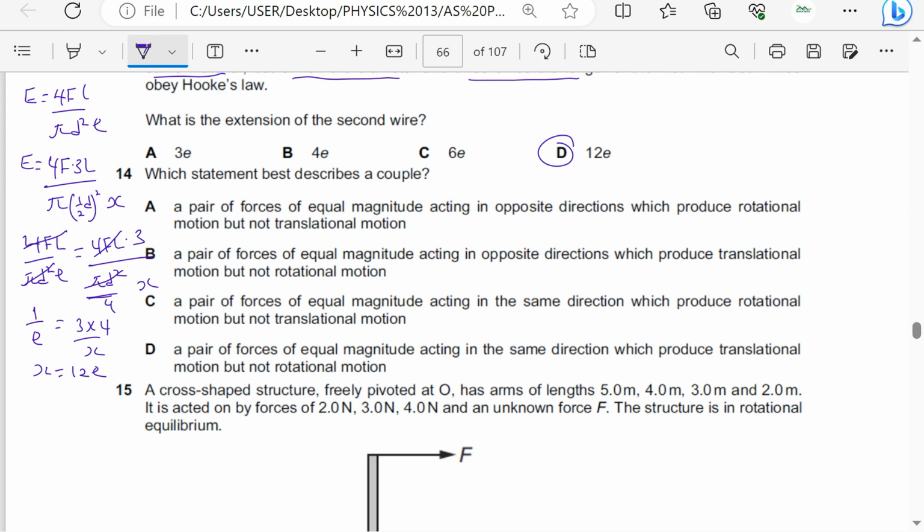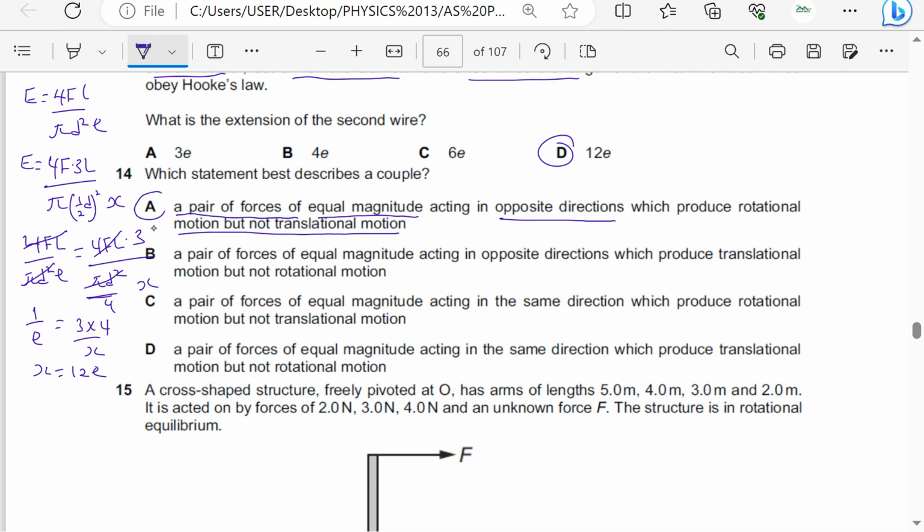Which statement best describes a couple? We have already said a couple should be two parallel forces, opposite directions, equal in magnitude. A pair of forces equal in magnitude, opposite directions, which produce rotational motion but not translational motion. So there's no resultant force, but they can cause rotation.